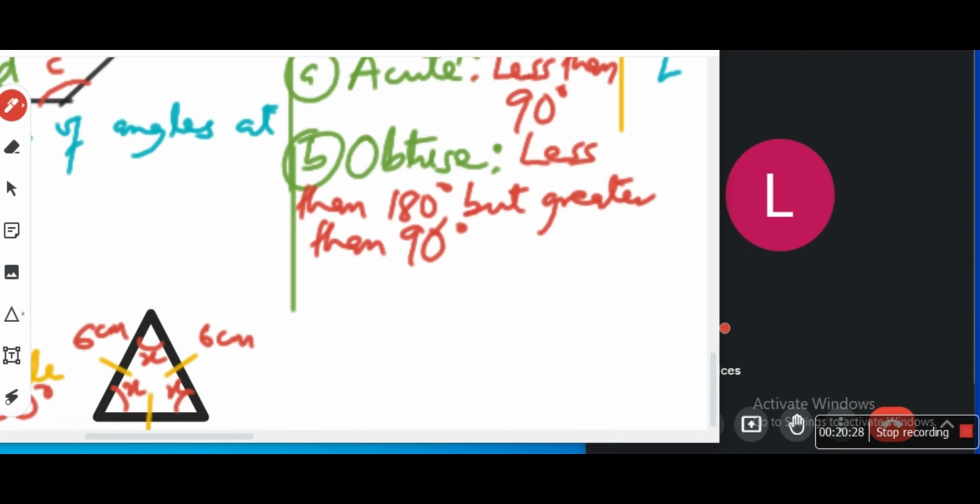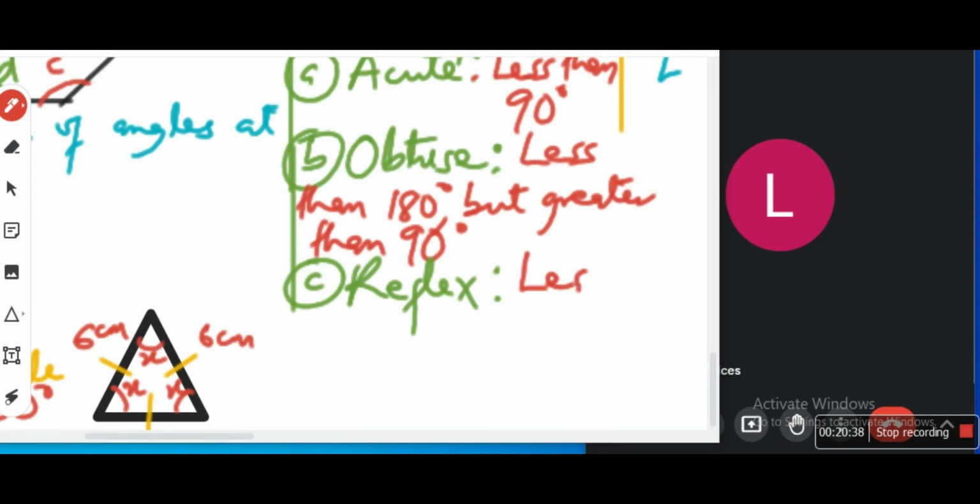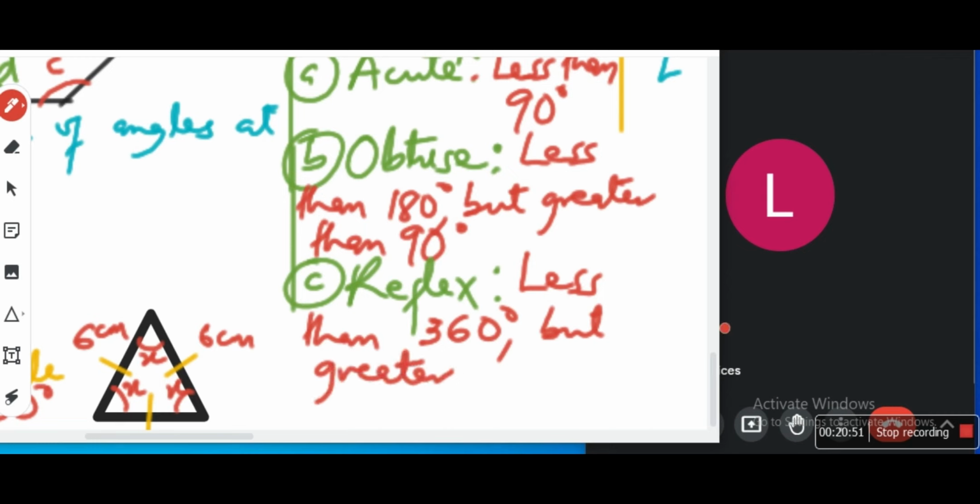Okay, let's look at another one. Reflex. Reflex is less than 360 but greater than 180 degrees. That's reflex. Anything less than 360 but greater than 180 is a reflex angle, like 200 degrees, 185 degrees.